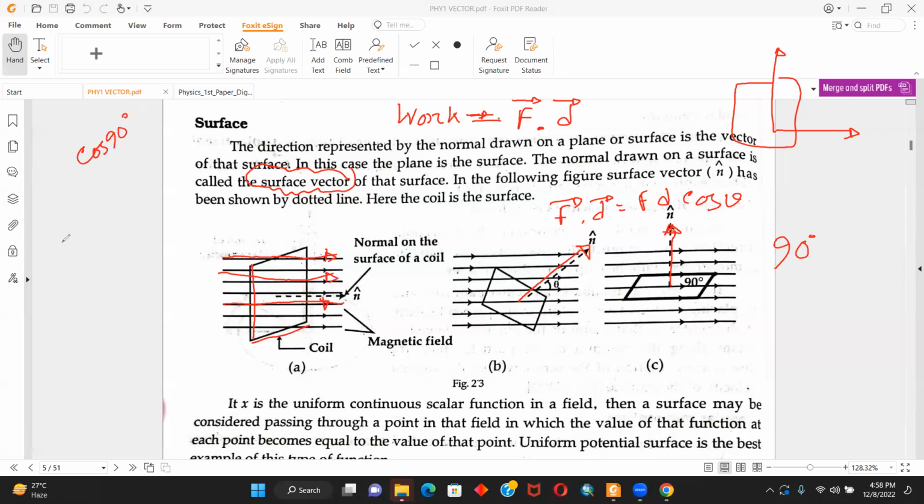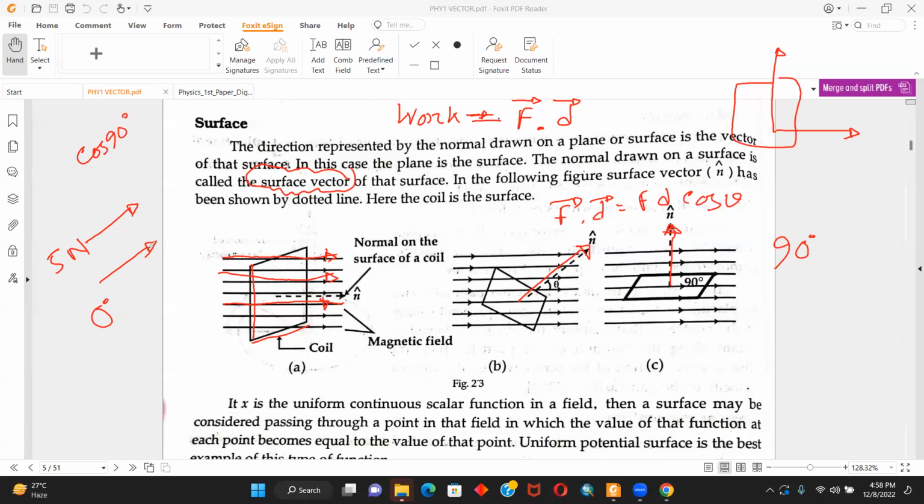But if there is 0 degrees, say for instance, I'm applying a force of 5 Newton in this direction, and the displacement direction is also the right direction, that means the angle between these two is 0 degrees, right?